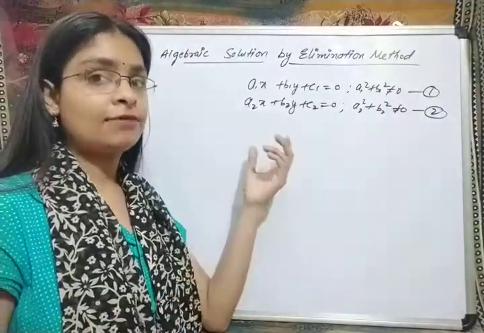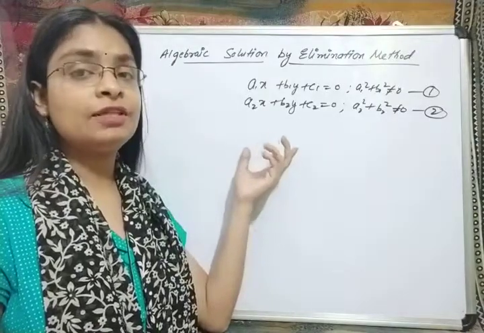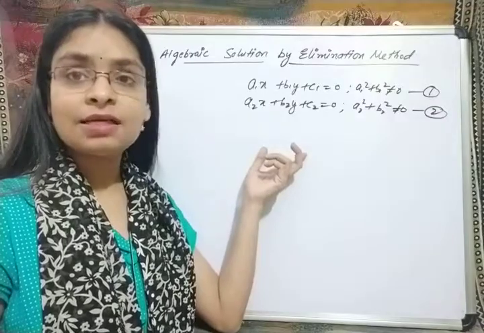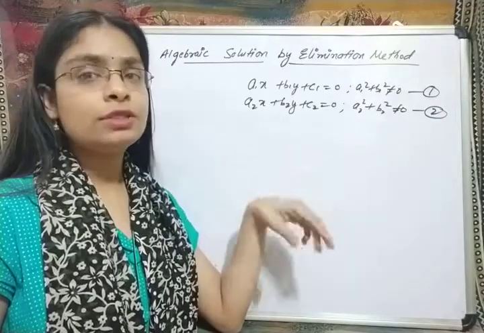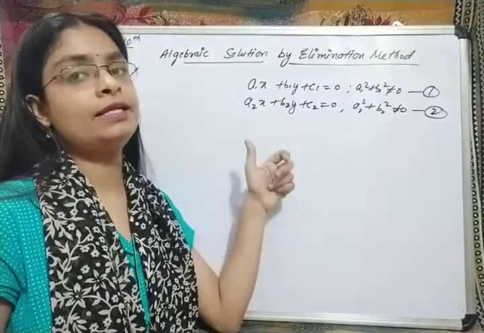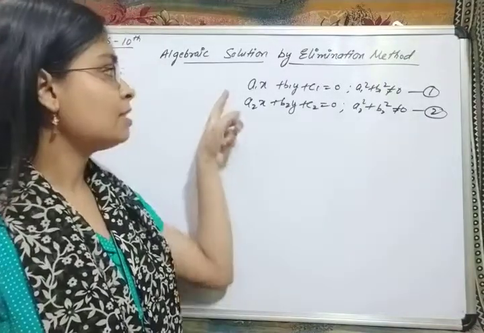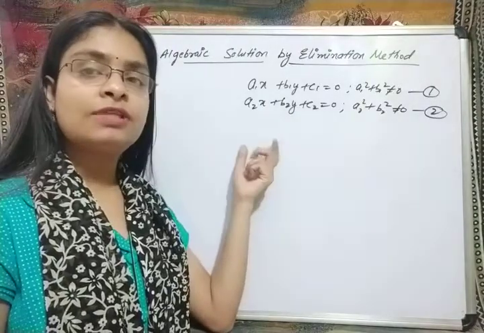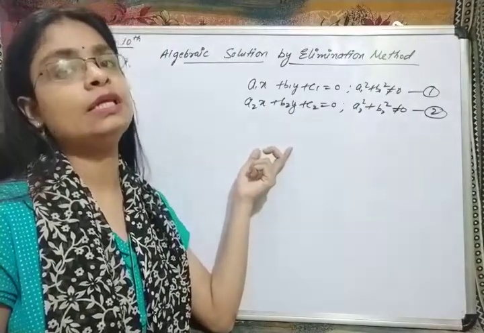First of all, what we have to do? First of all, we have to check whether it is a consistent pair or an inconsistent pair, meaning it has a solution or not. In solutions, there are two kinds: one is unique and the other one is infinite solutions. For unique, a1 upon a2 should not be equal to b1 upon b2. If this is the case, then we get the unique solution.